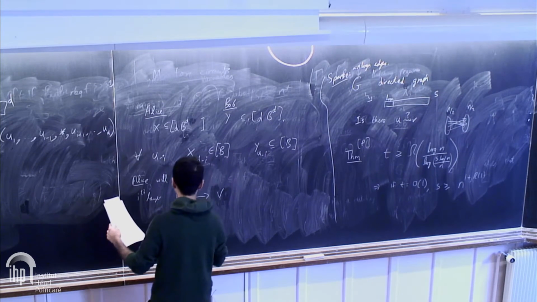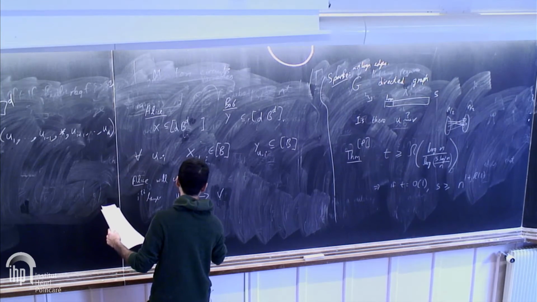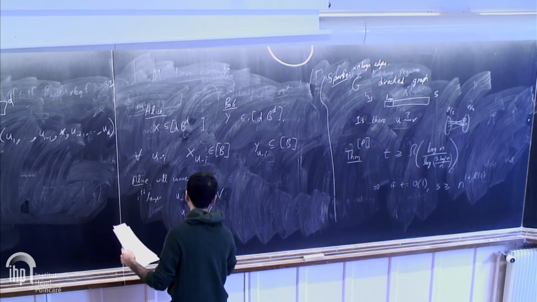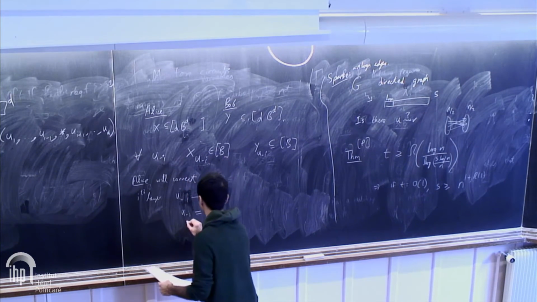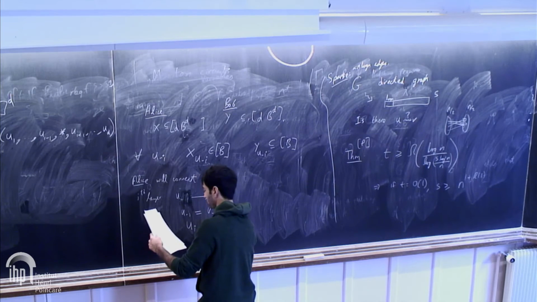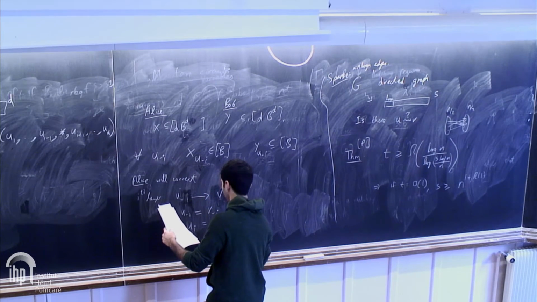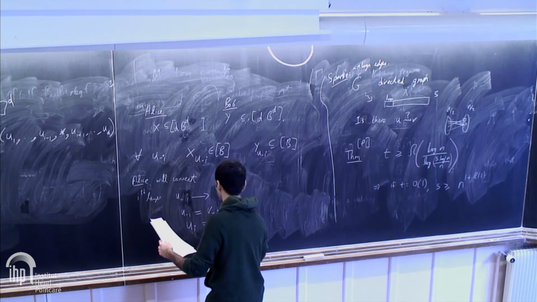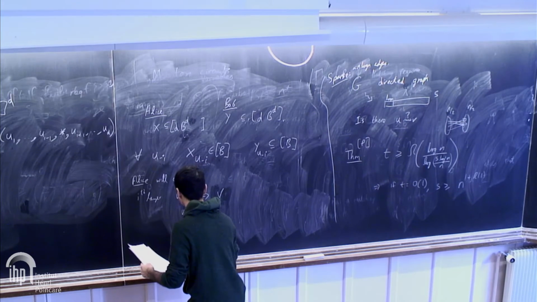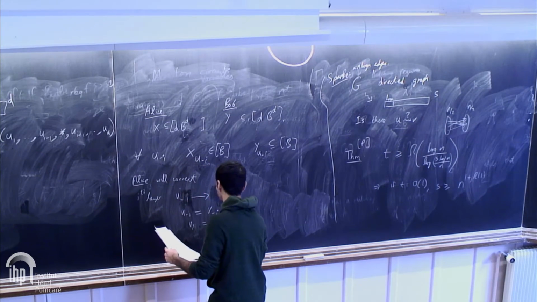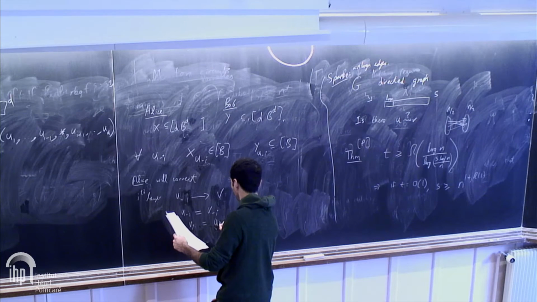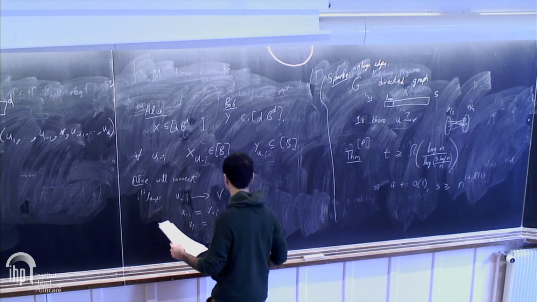So u will be connected to v exactly if u minus i equals v minus i and vi is equal to ui plus x sub u minus i. It's easier to explain in pictures, but I'll write it first.